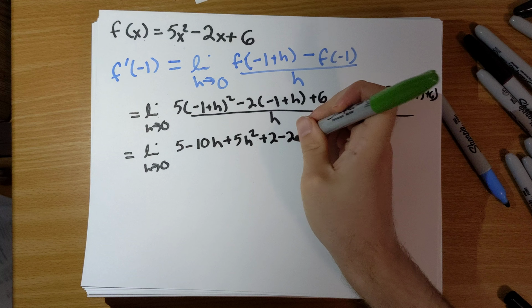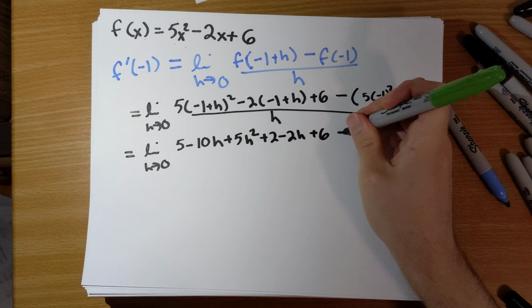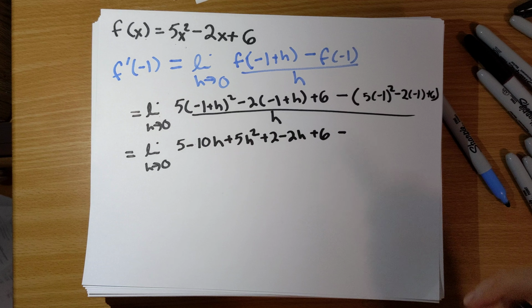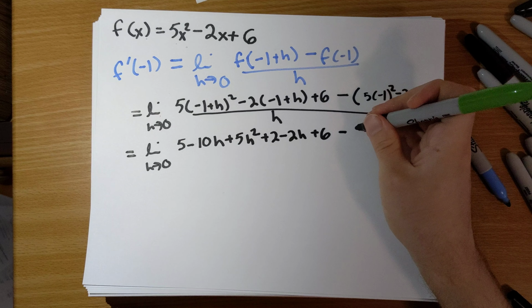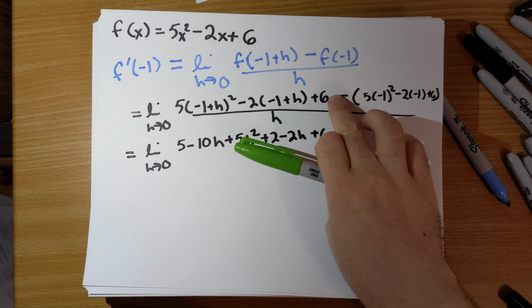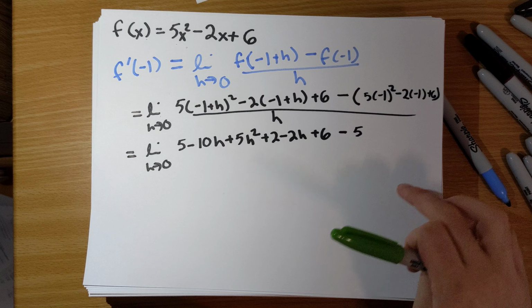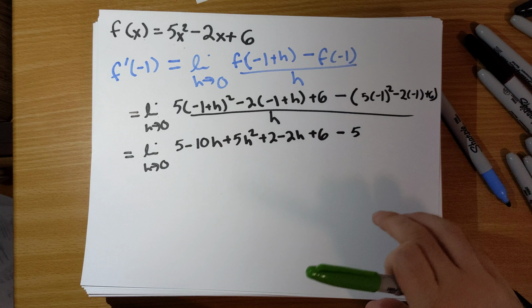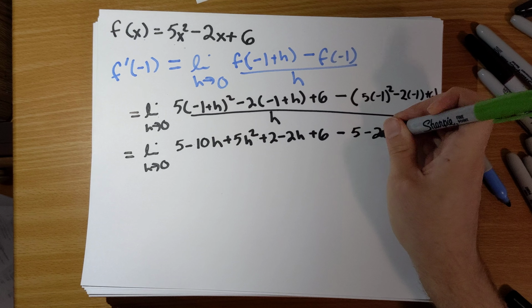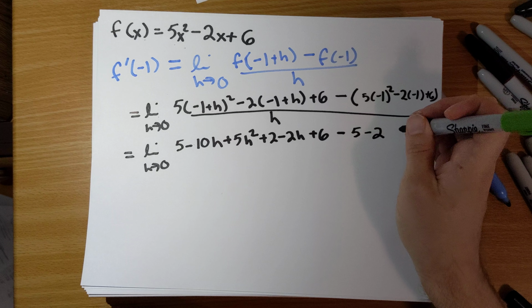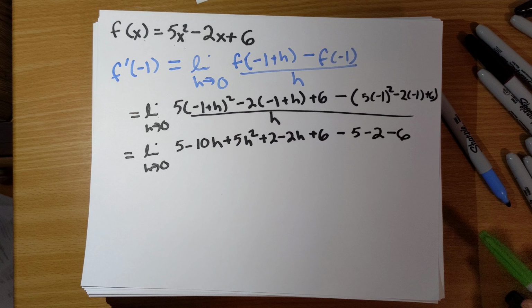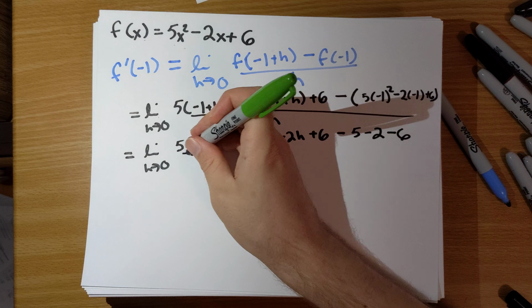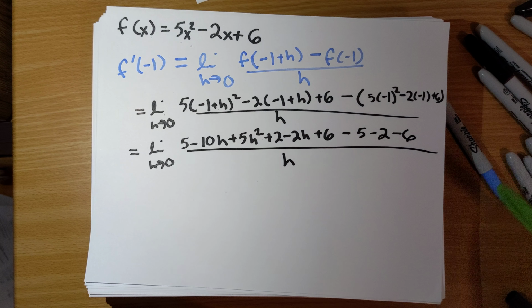Plus 2 minus 2h plus 6, minus, when we do the work over here, that would be minus 5. I'm going to distribute out this minus sign right now. Minus 5, minus 2, and minus 6. And all of that is over h.